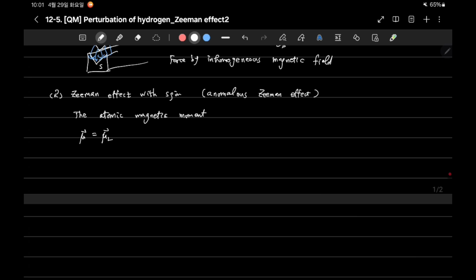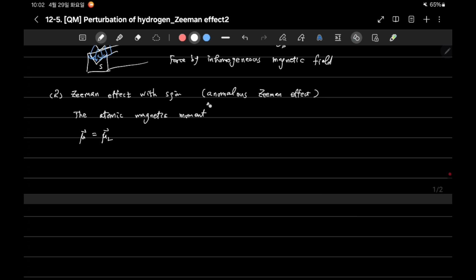Actually, the term anomalous is not valid in this case, because anomalous means very not normal. But in general, when we do the Zeeman experiment, because we should consider the spin, it is normally the anomalous Zeeman effect that is observed, not the normal Zeeman effect.